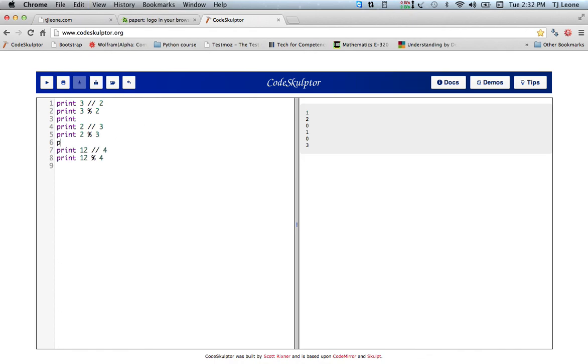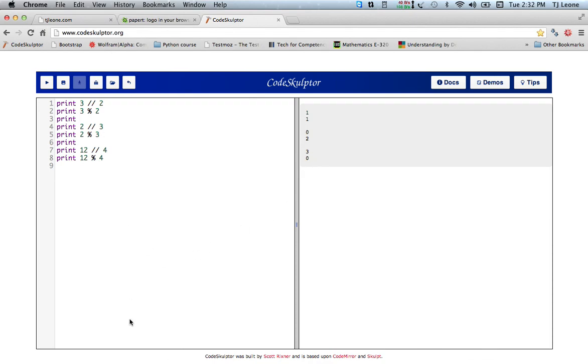And print, let's see what happens there. Okay, so 3 divided by 2 is 1 with a remainder of 1. 2 divided by 3 is 0 with a remainder of 2. And 12 divided by 4 is 3 with a remainder of 0. Okay, so that's a nice way you can get the whole number amount from the division and then the remainder.